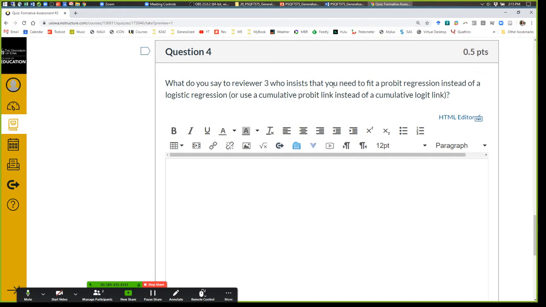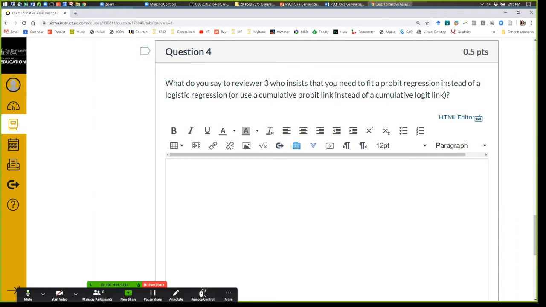So what do you say to Reviewer 3 who insists that you need to fit a probit regression instead of a logistic regression? Or in the case of ordinal data, fit a cumulative probit link instead of a cumulative logit link? So there are 2 arguments.